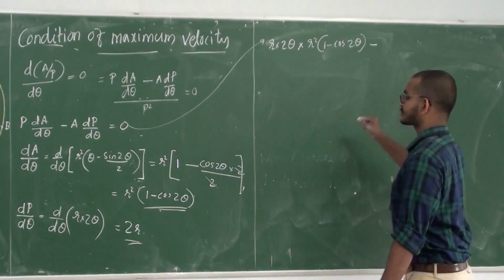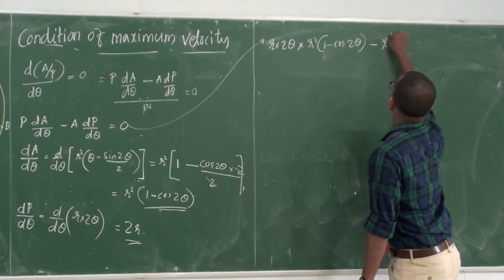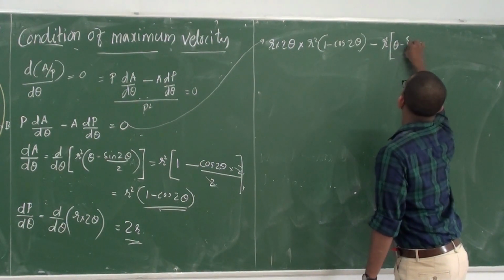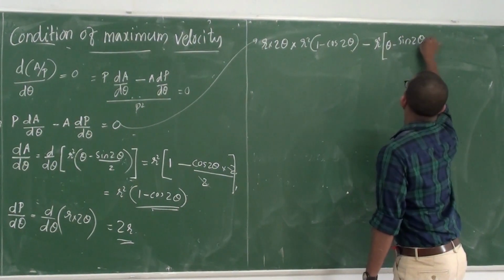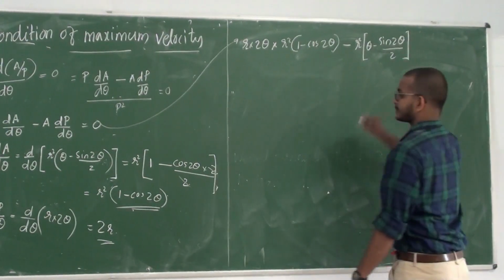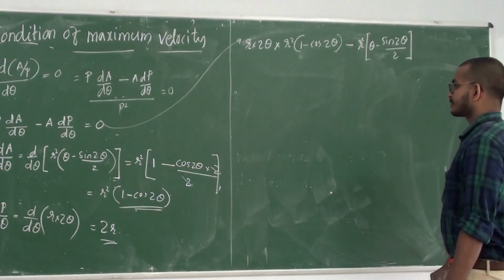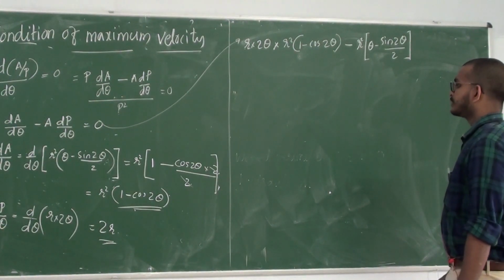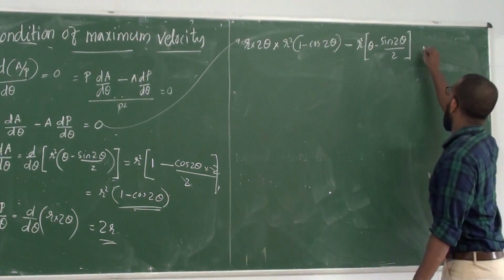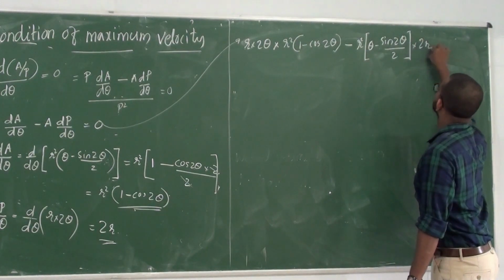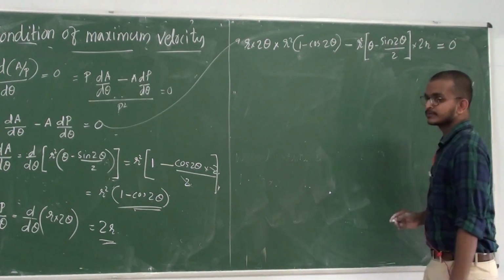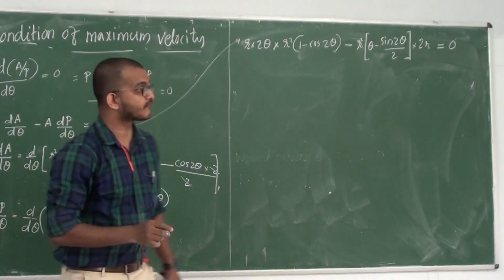A is r square into theta minus sine 2 theta by 2, into dP by d theta, which is 2r, and equate it to 0. We will find the condition for maximum velocity.